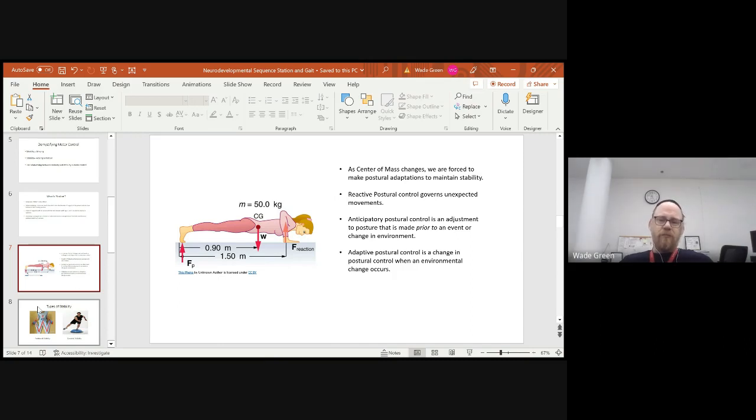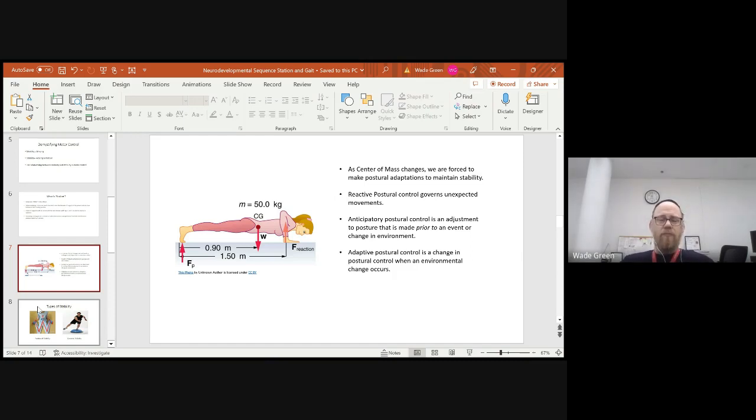So ultimately, the position of the center of gravity has a big impact on postural control. For example, my center of gravity, if I'm standing still, is located right around my lumbosacral spine, generally between L5 and S2, so basically in my pelvis.